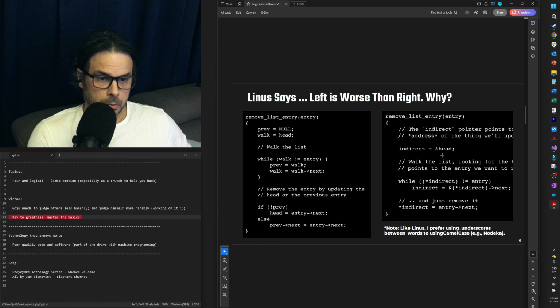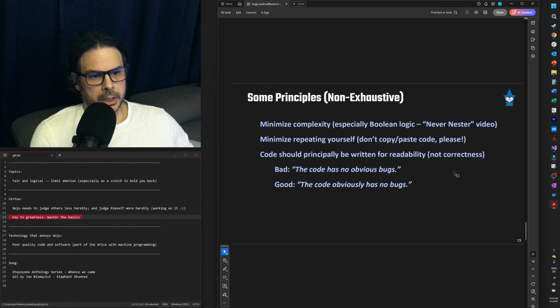And also there's this quote that I absolutely love. There's generally two ways to write code: code that has no obvious bugs, or code that obviously has no bugs. And writing code in the second way tends to be significantly harder. Significantly harder. I know lots of junior developers that can write code that is wildly complex and nobody understands it, including them, and no one can tell if it has bugs.